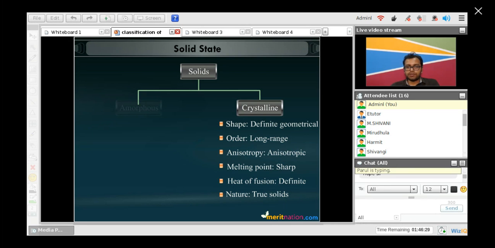Now another type of solid is crystalline solid, and crystalline solid has a definite geometrical shape. That is, the molecules are arranged properly inside the crystalline solid. There is a definite arrangement of molecule or atom inside crystalline solid, right?